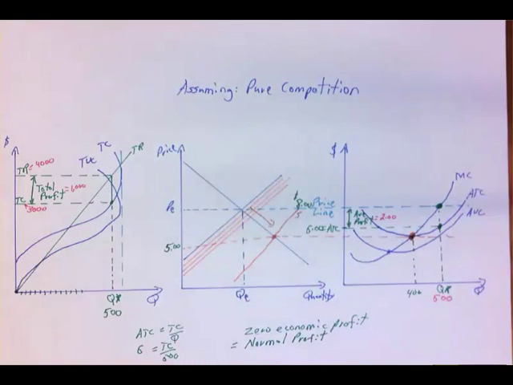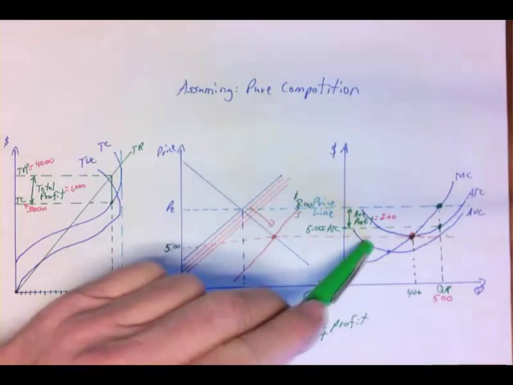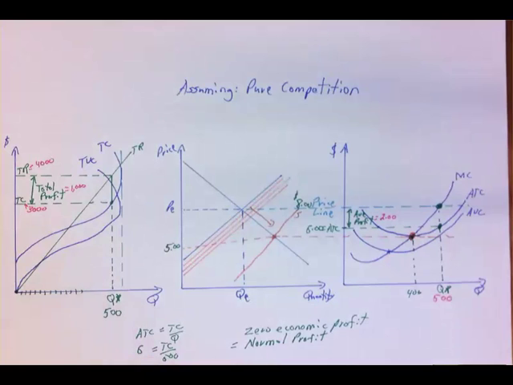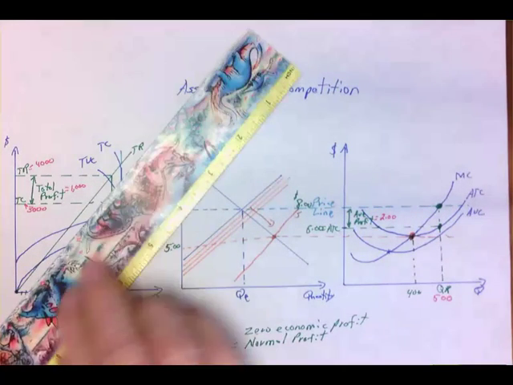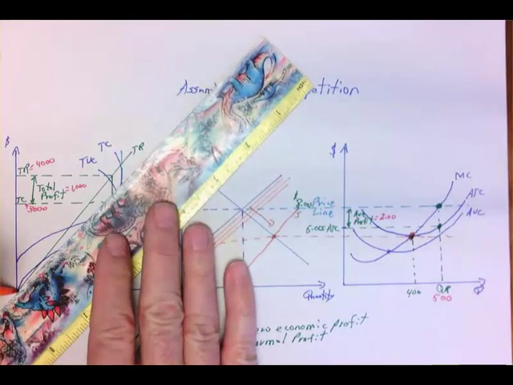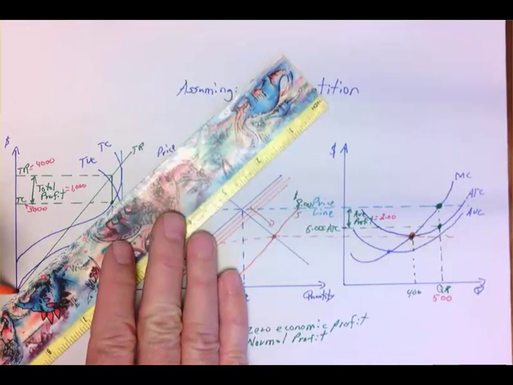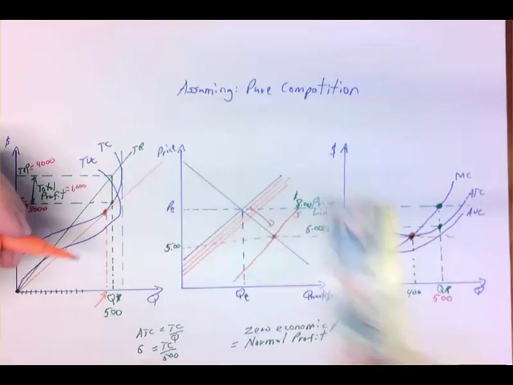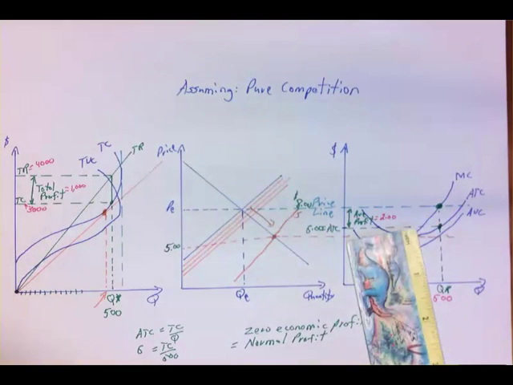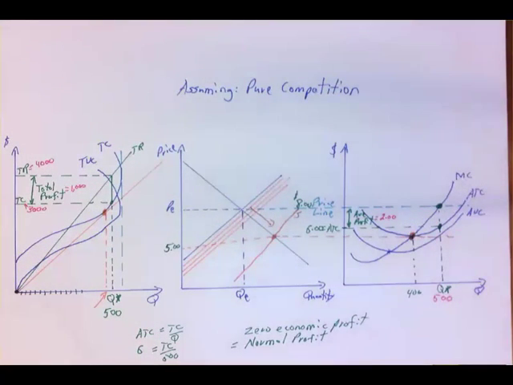Now, how would we show that same illustration in this picture over here? What we would have to show is that the total revenue curve is getting flatter and flatter and flatter, rotating along this point until finally it's just tangent to the total cost curve. And that number right there has to be exactly what it was in this picture over here.